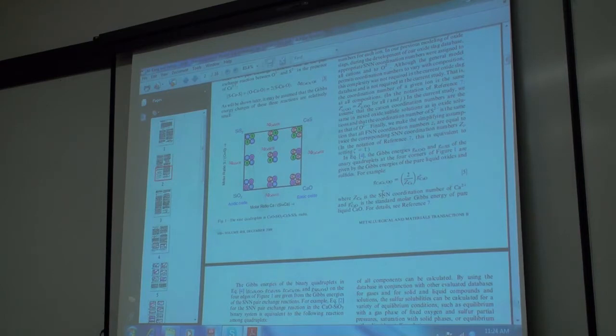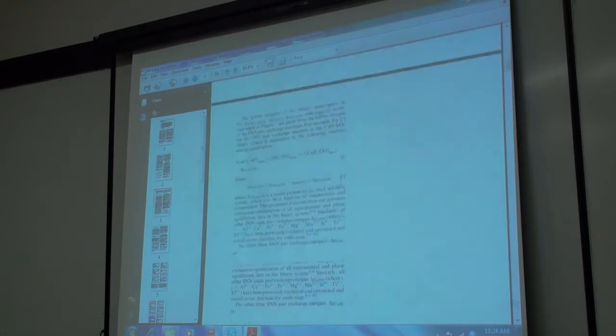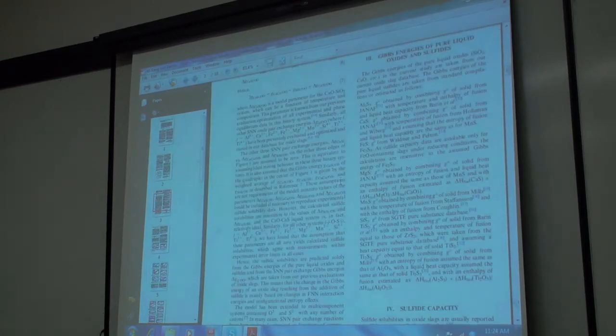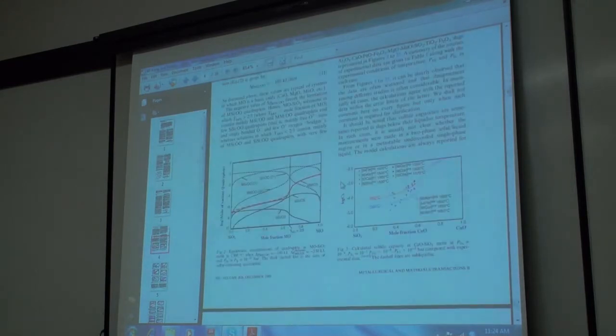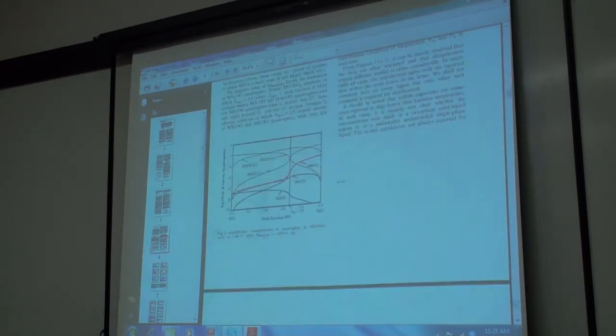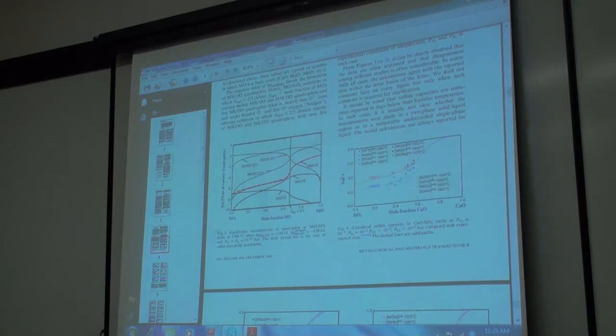And you can look at this as an example of the whole thing, and he applied this using just about all the sulfide data. Sulfide capacity data really means sulfide solubility. So these are sulfide solubilities in different slags. This is basically your silica calcium slag, and this is your sulfide solubility under different conditions, predicted and calculated.